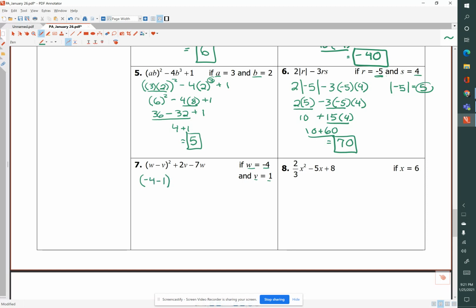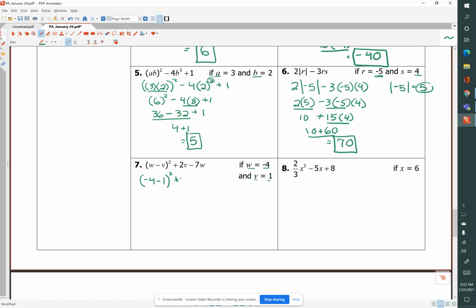And this is one of the few times I didn't use parentheses when I substituted, because all I have there is w minus v, and I don't have a double negative going on in the middle. I could have written it like this, and it would have been the same thing. But in this case, I can take those parentheses out.